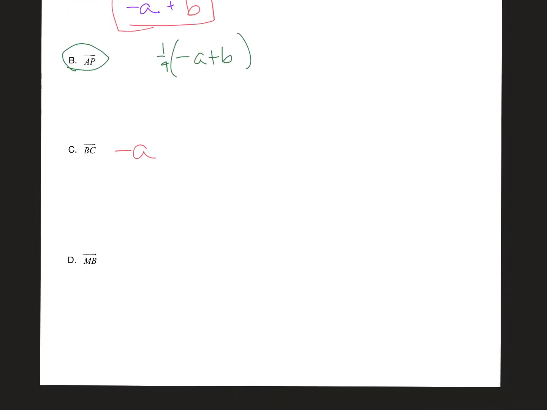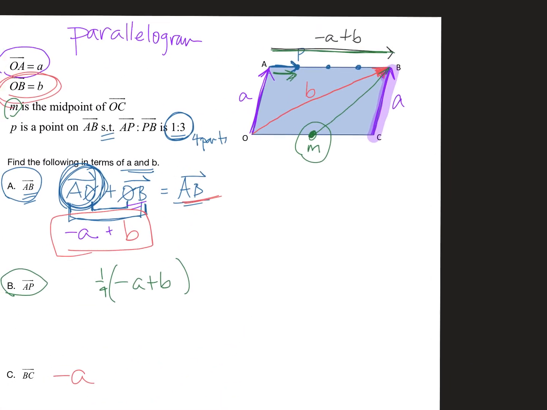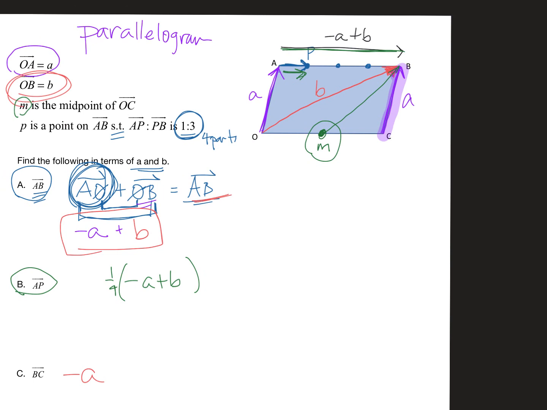So I am going to do MO plus OB, because that will equal MB. Okay, so now looking at my picture, let me go back. Let me scoot that down so you can see. I need to go from M to O. I'm trying to go this way.